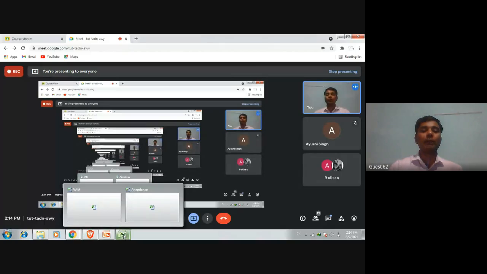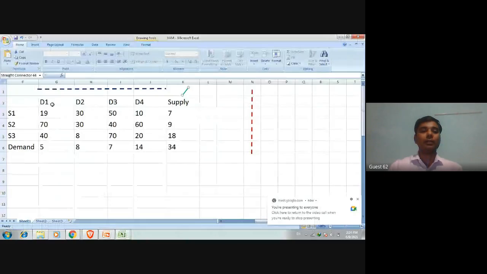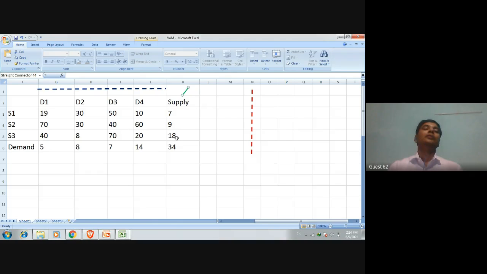Now, what about the demand? Dealer 1 has a demand of 5 units, dealer 2 has a demand of 8 units, dealer 3 has a demand of 7 units, and dealer 4 has a requirement of 14 units. So 7, 9, 18 are the capacities of the plants.